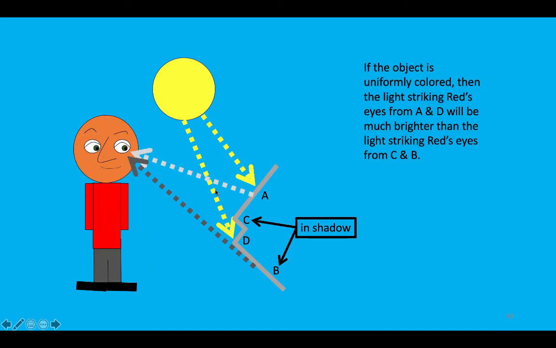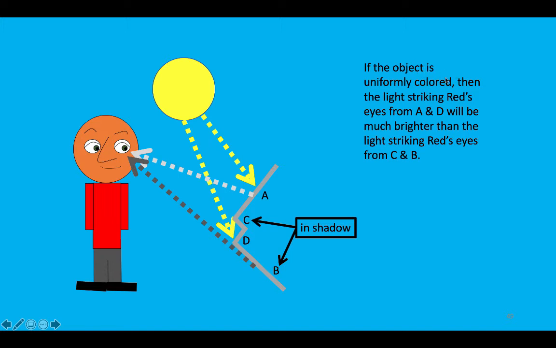Now, because A is in direct sunlight and B is in shadow, the light that's reflecting off of A and striking this person's eyes is going to be much brighter than the light that's reflecting off of B and striking this person's eyes. A is in direct sunlight. Bam, bright light strikes your eyes coming off of A. B is in indirect sunlight. Boom, much darker light is reflected and striking the eyes coming off of B.